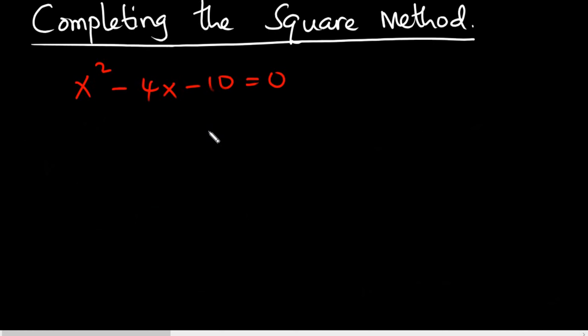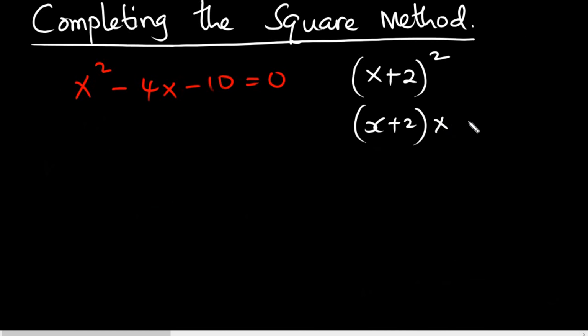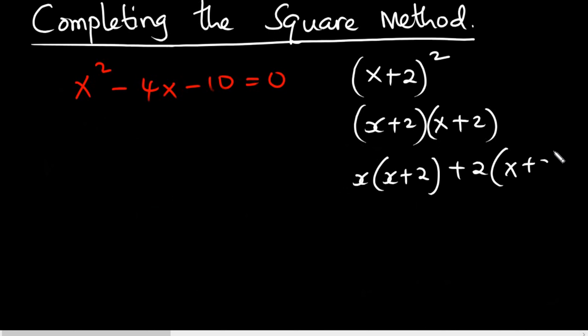So when we talk about a perfect square, okay, let me have an example here. Let's say x plus 2 squared. What is x plus 2 squared? Okay, x plus 2 squared means x plus 2, x plus 2. So when we expand this, we're going to have x plus 2, and then plus 2, x plus 2.